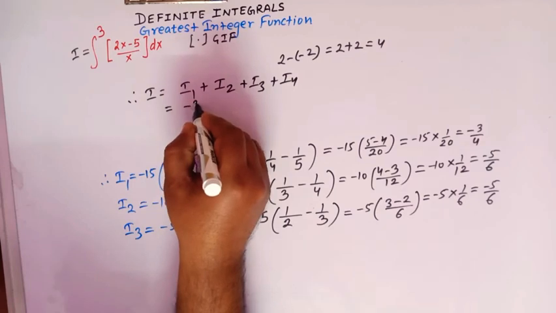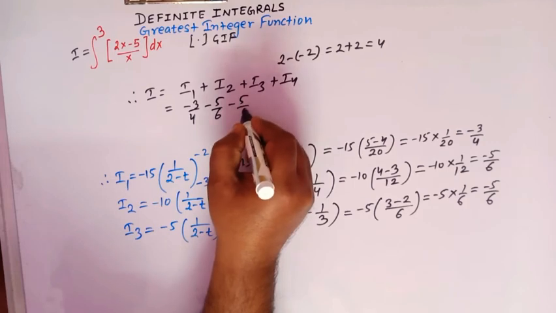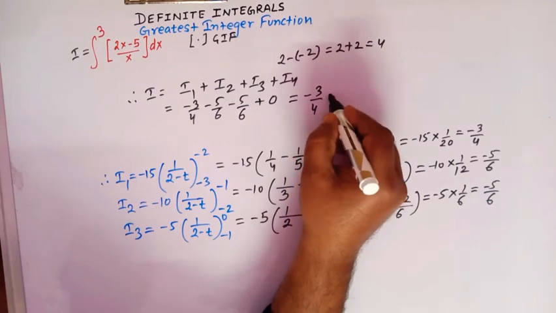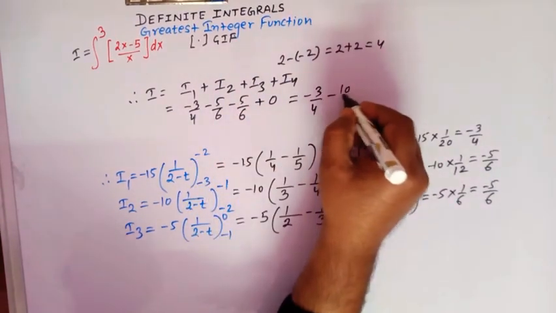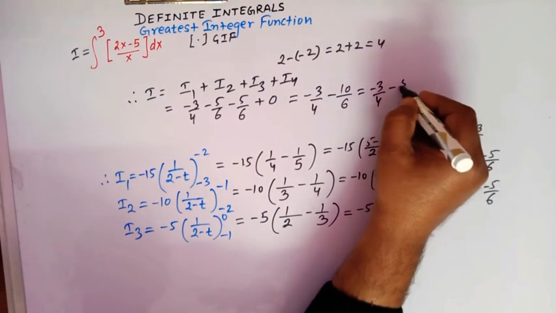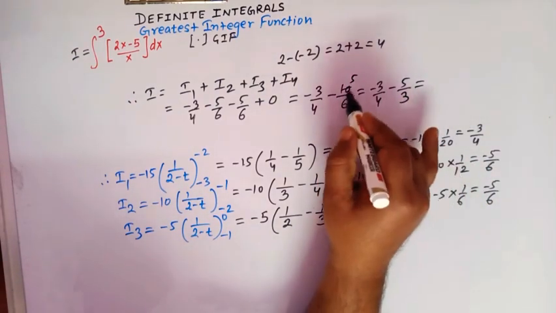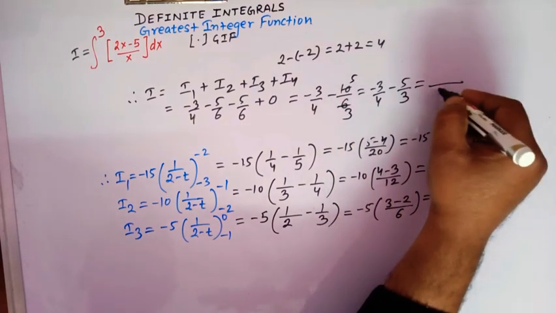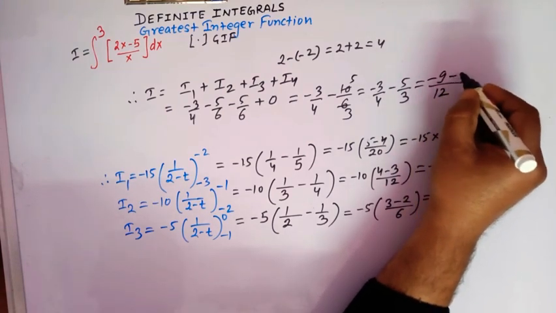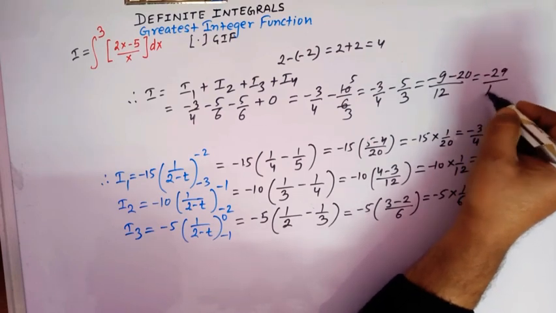So we have minus 3 over 4, minus 5 over 6, minus 5 over 6 plus 0, that is minus 3 over 4 minus 10 over 6, which is minus 3 over 4 minus 5 over 3. Taking the LCM of 4 and 3, which is 12, we have minus 9 minus 20 over 12, that is minus 29 over 12.